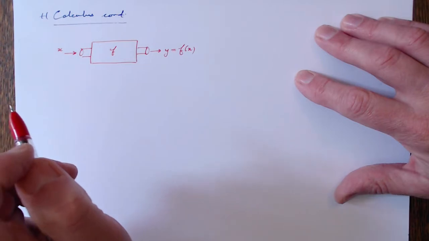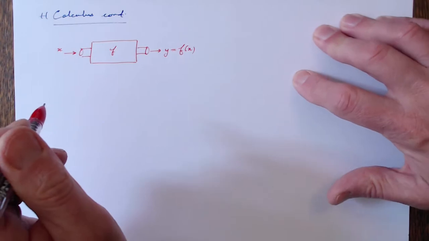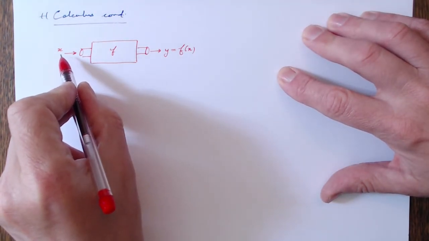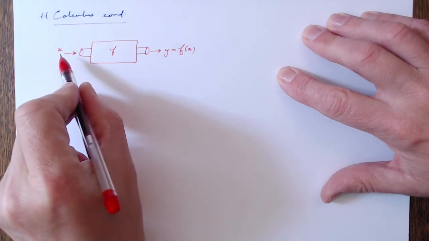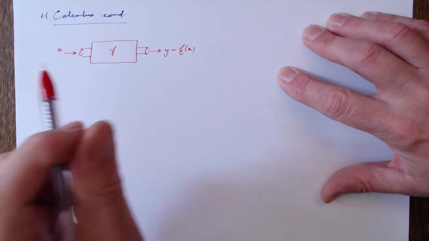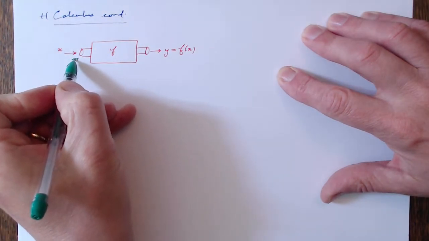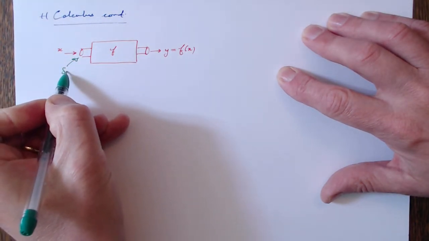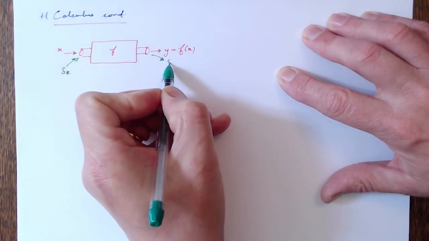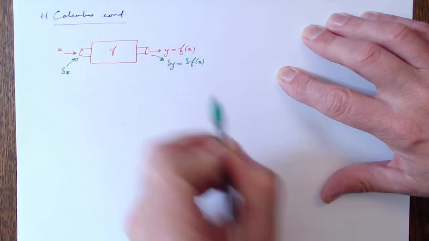Now, the power of calculus, as I described in the first tutorial in this mini-series on calculus, is that whereas the function tells you the outcome of the function acting on x, what the derivative does is actually tell you how a change in the input variable x leads to a change in the output, and we might call that delta f of x.